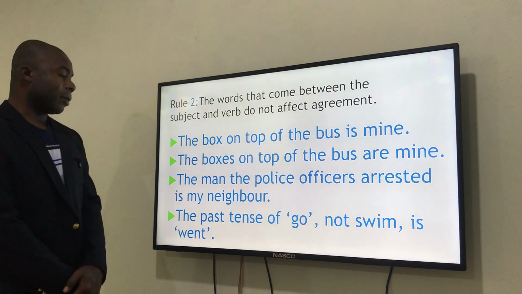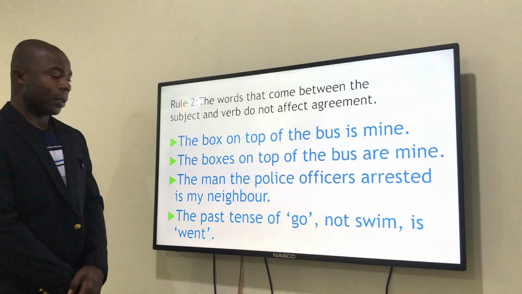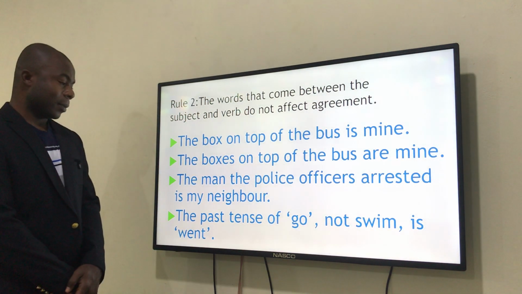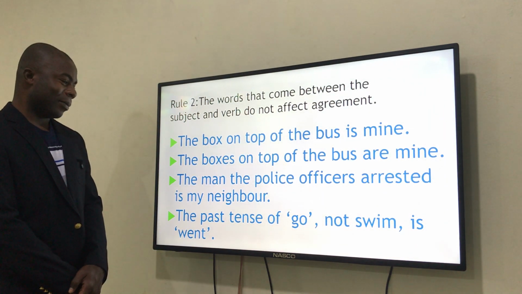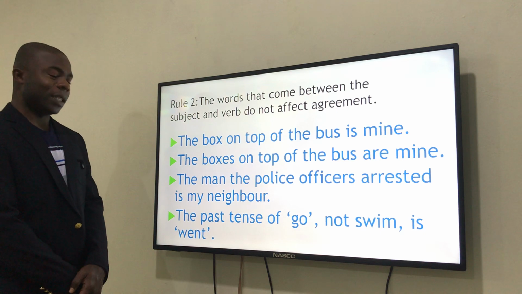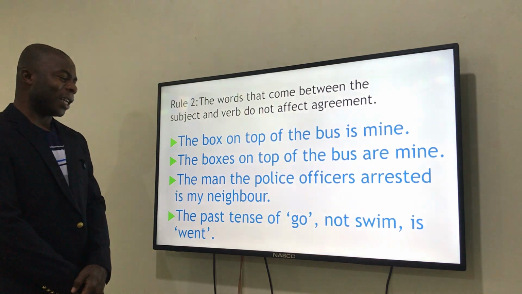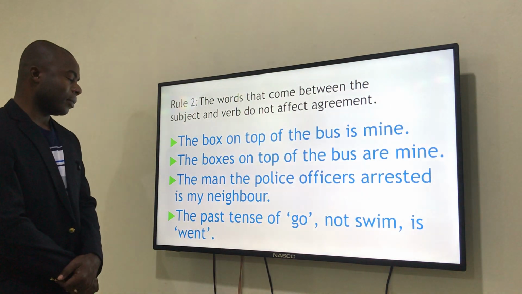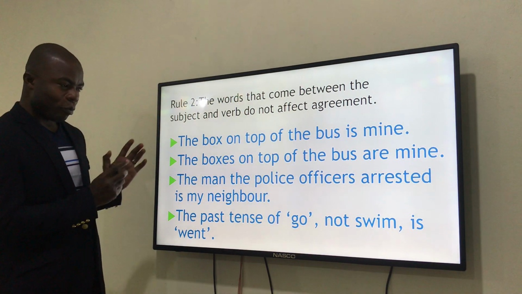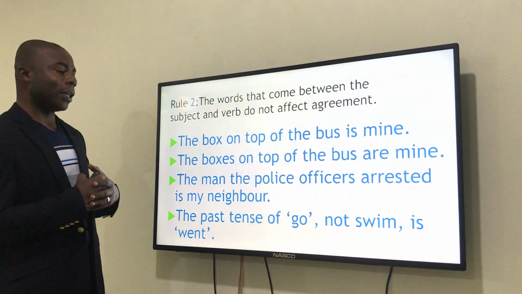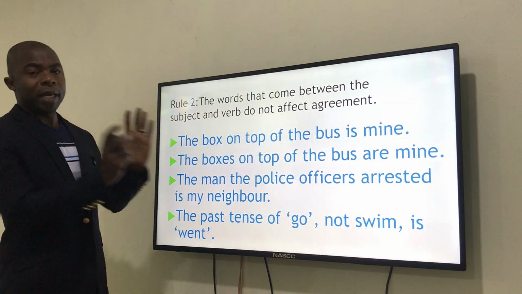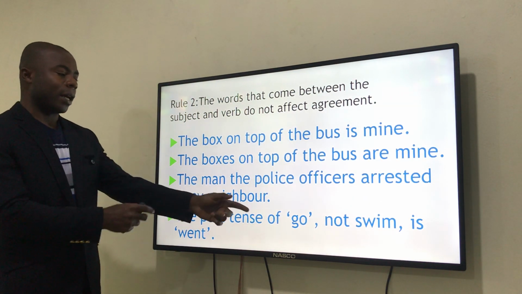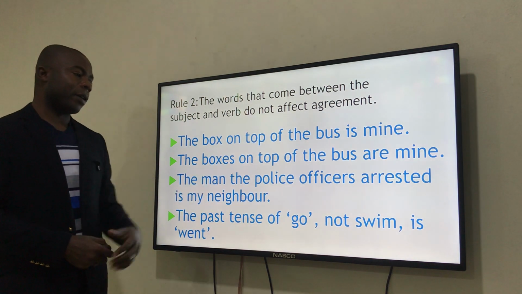Now the past tense of go, not swim, is went. So the past tense of go is a subject. Take note that it is more than a single word. We'll come to that as we progress. The past tense of go, one statement, so singular. Not swim, I don't mean swim, comes after that, and then the verb is.